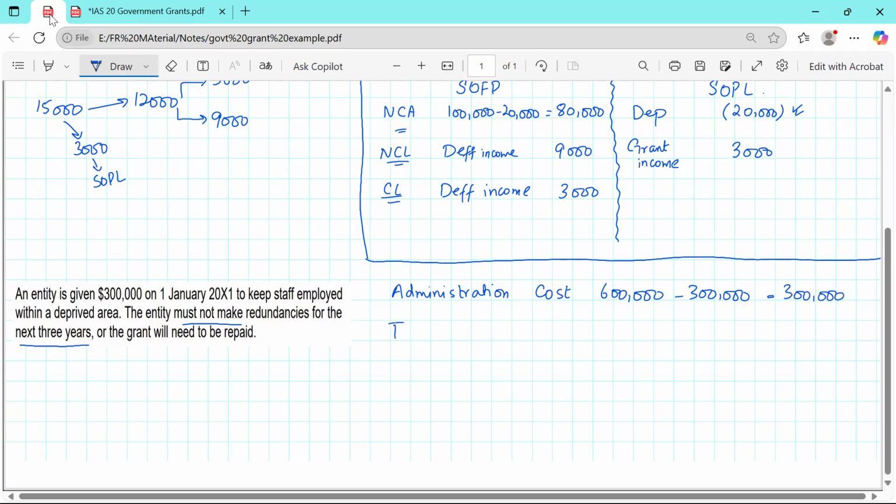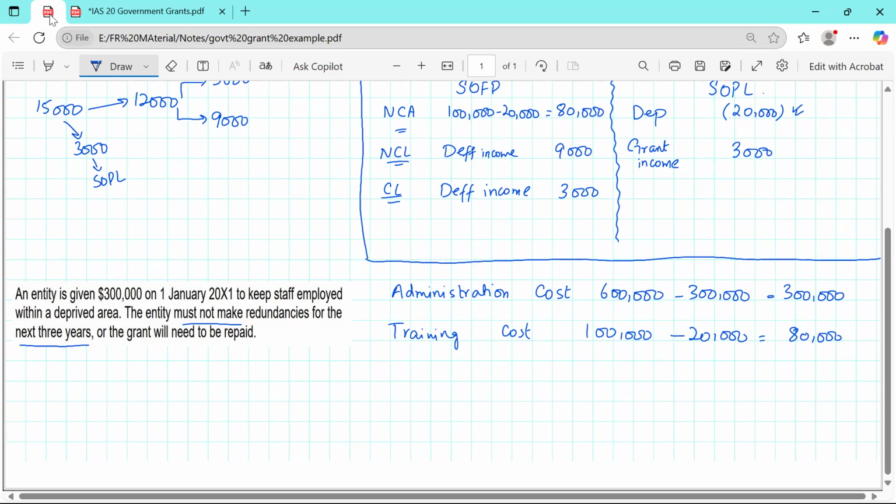Similarly, let's say the government gives you a grant to train the employees. The training cost was 100,000, and the government gave you 20,000 for that. So deduct that 20,000 and record just 80,000 as your expense in SOPL. This grant relates to the income statement, meaning that for the majority of the time these are SOPL expenses.